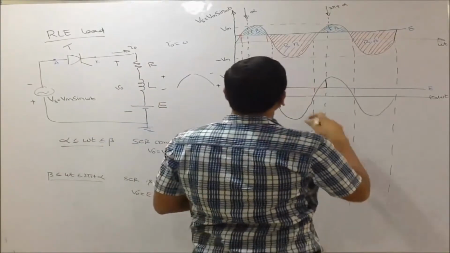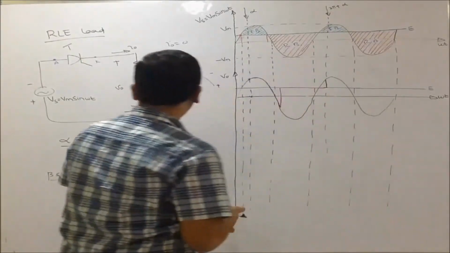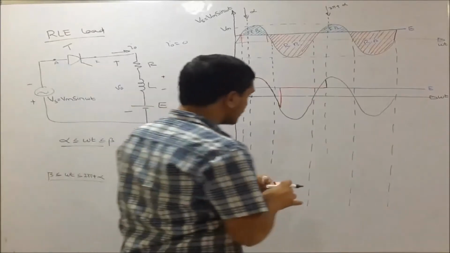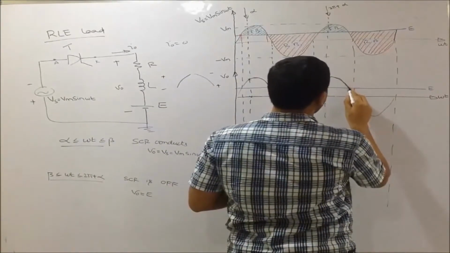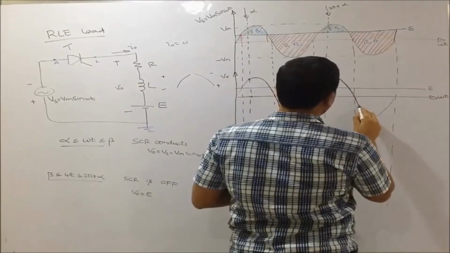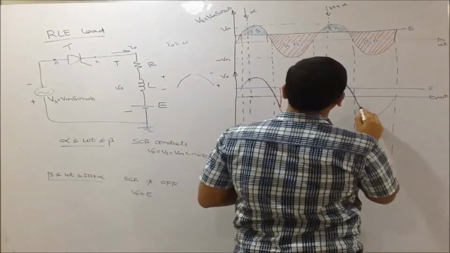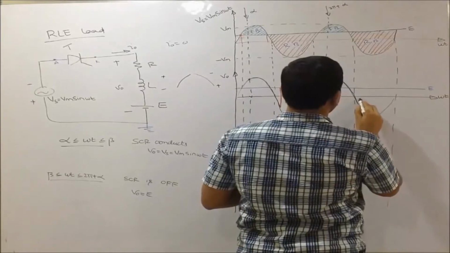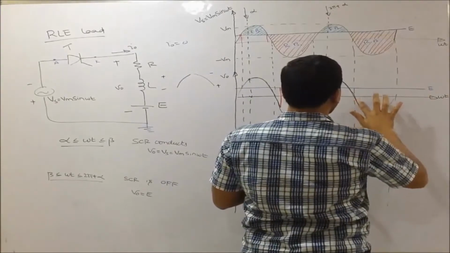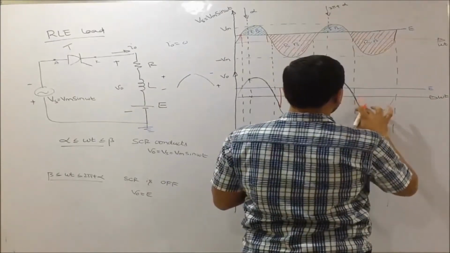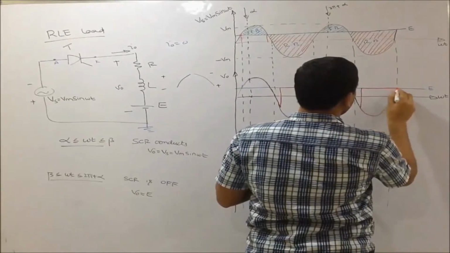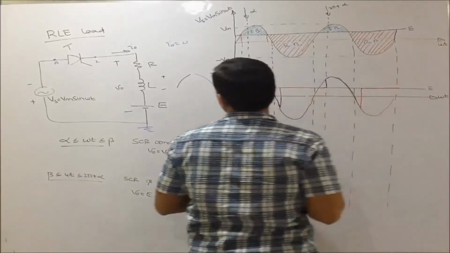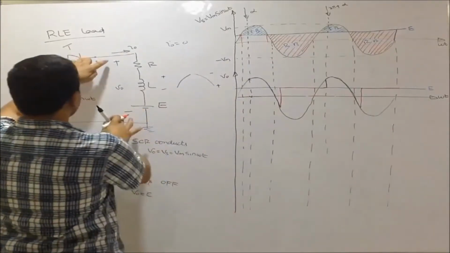When SCR is on, again the same story. When SCR conducts, V naught equals Vm into sin omega t. This goes up to the extinguishing angle, that is my beta. Here again my SCR is off, so whatever E is there appears across the load.